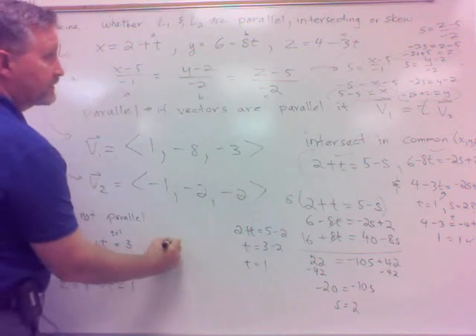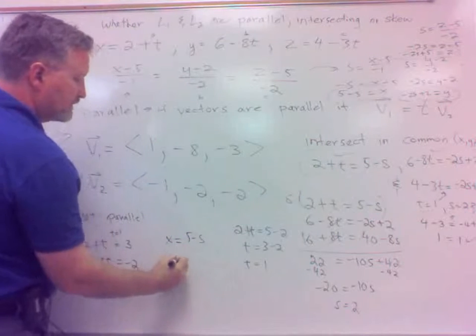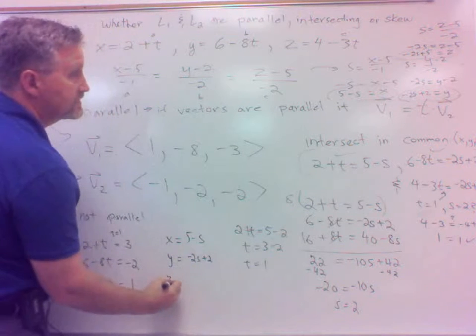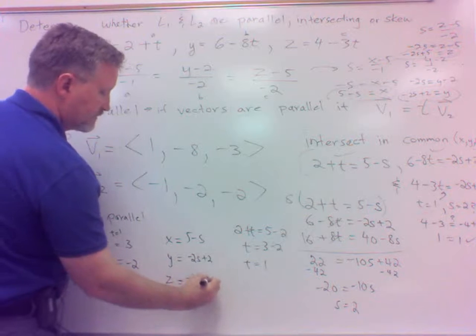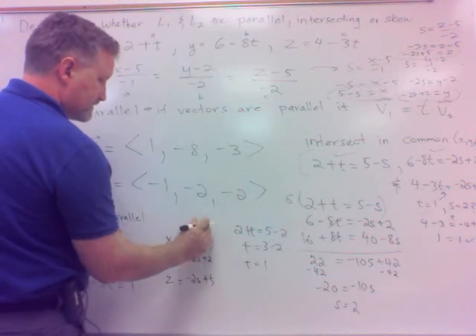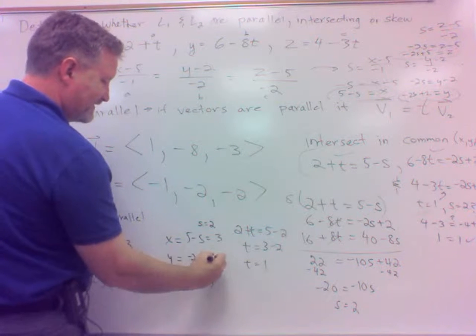And if we look at the other one, we've got x equals 5 minus s, y equals negative 2s plus 2, and z equals negative 2s plus 5. Is that right? Yeah. All right, so this one we're looking at s equals 2, and so that's 3.